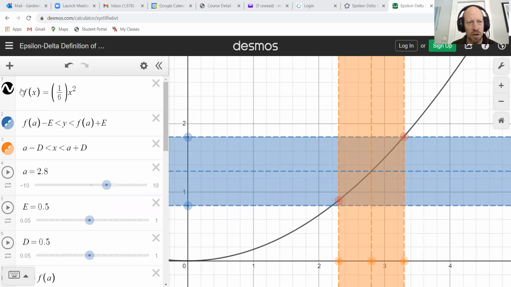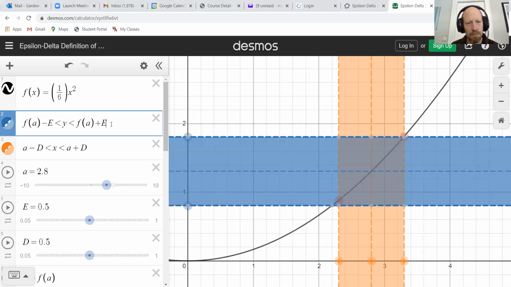So the function they're working with is this 1/6 x squared, which is this black line. And then they've set up these kind of regions. This blue region is there. What they have written is actually equivalent to what I did with the absolute value in our definition.